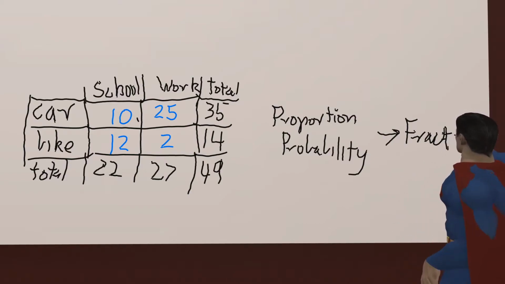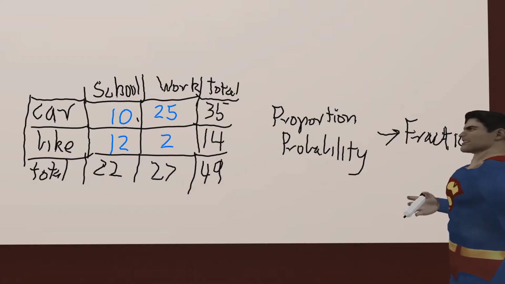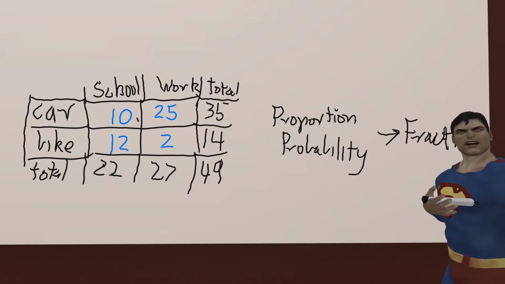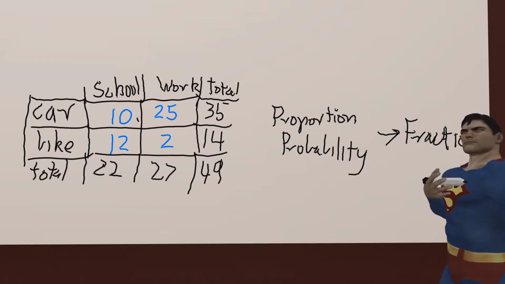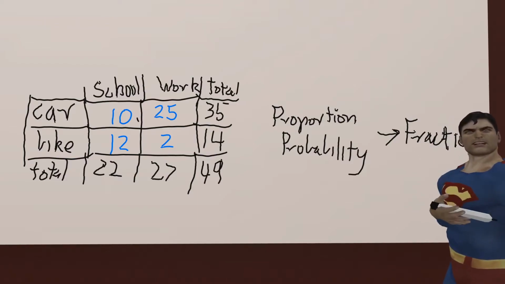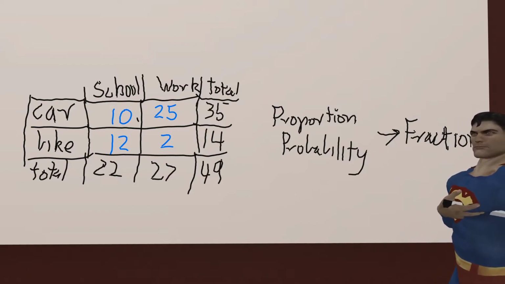Another type of question you might see is if it just asks you how many people, then you know that you are just going to have to write a number.